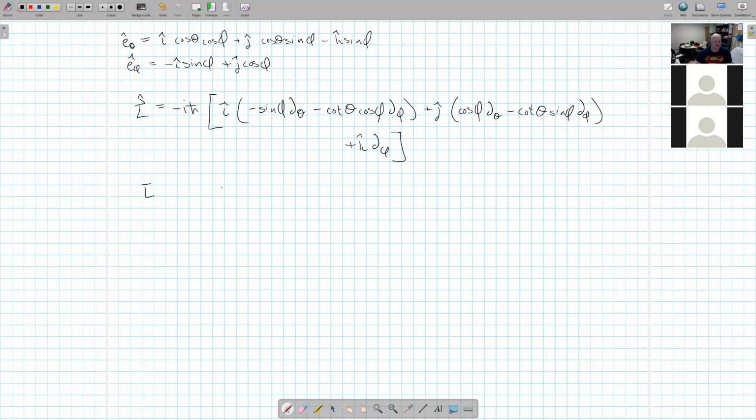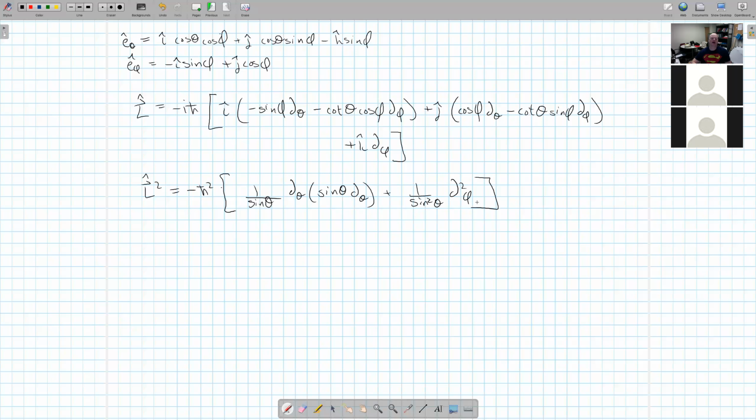From here, we can then get L vector hat squared. Basically, we're just going to dot all these things together, so I get this guy squared and then this guy squared. This gives me a minus h bar squared times, combining like terms, 1 over sine theta partial theta of sine theta partial theta, plus 1 over sine squared theta partial squared phi.